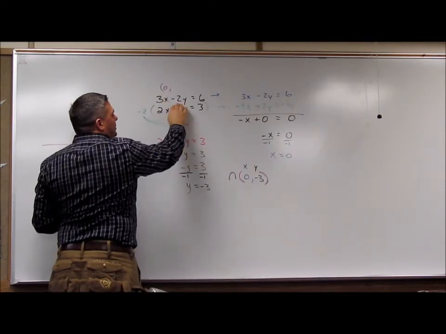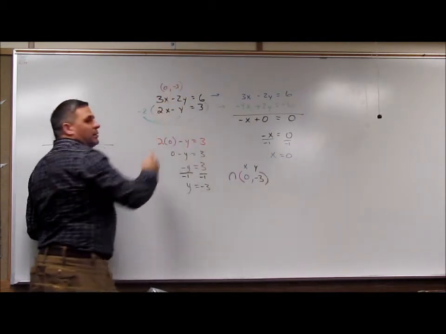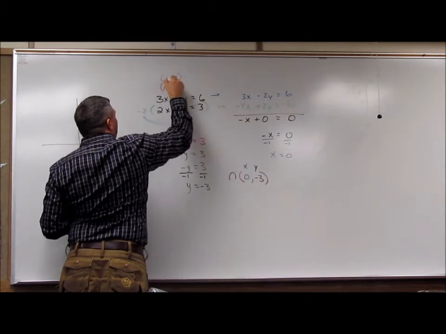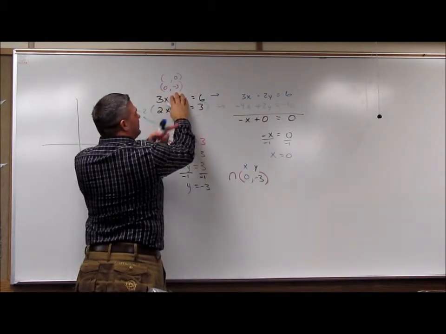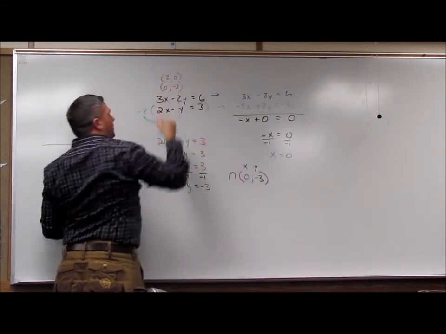So divide the negative 2 into 6, and I get negative 3. And then if I plug in a 0 for y, that gets rid of the y in the equation, and I get 3x equals 6. And I divide by 3 on both sides, and I get 2.